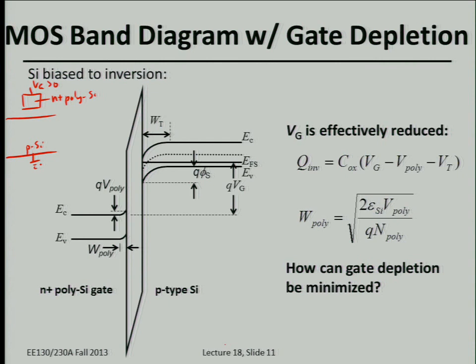But actually, not only do you have a voltage drop in the silicon and the oxide, you also have a non-negligible voltage drop in the gate. So the bottom line is that the amount of gate voltage you need to apply in order to form an inversion layer in the silicon goes up. Threshold voltage essentially goes up.